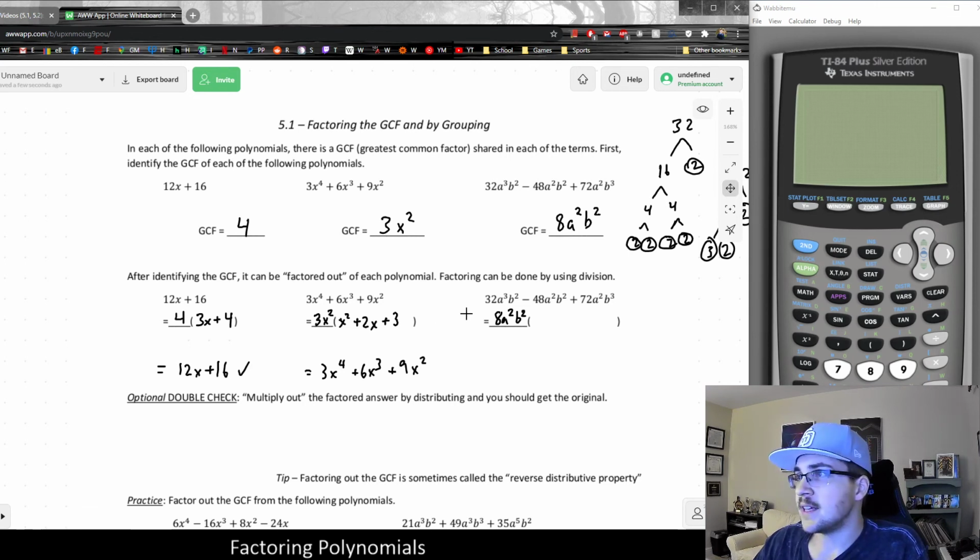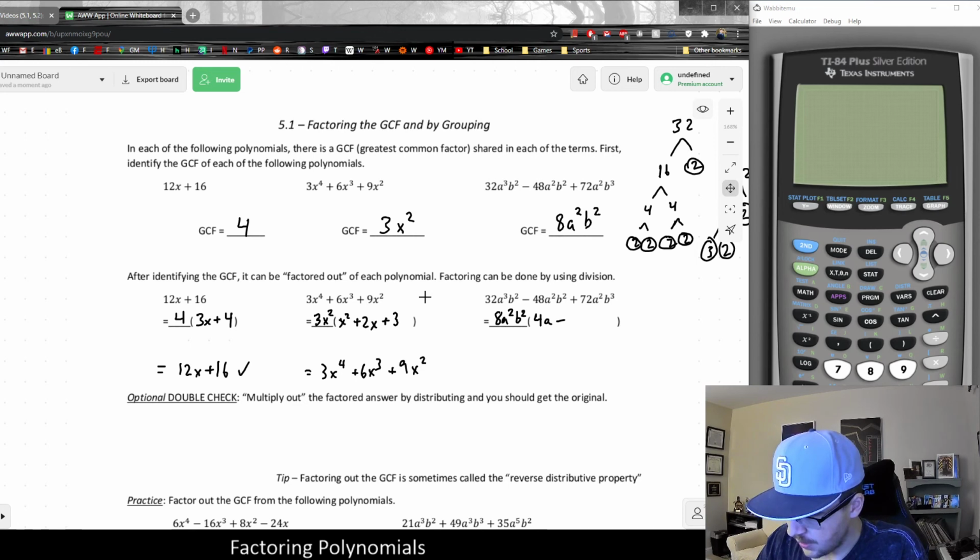Now in the last example, it looks like I didn't give myself quite enough space here. But if I were to divide each, you would make sure that the numbers are being divided. So 32 divided by 8 would leave me with 4. You can always just subtract the exponents because that's how we divide exponential expressions. So a cubed over a squared would leave me with 1a, and b squared over b squared would cancel.